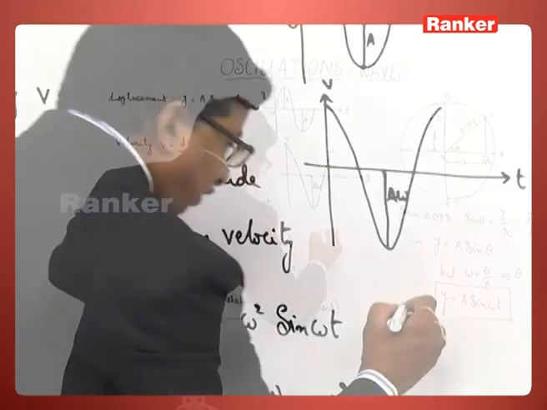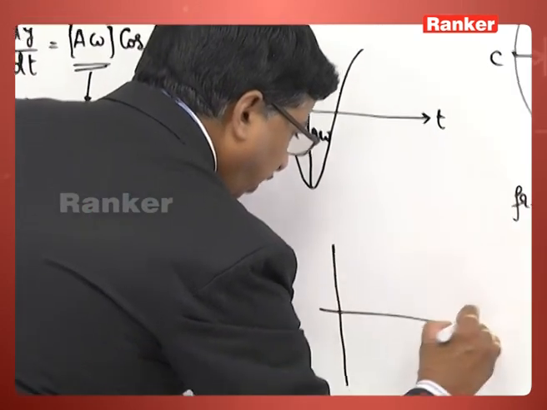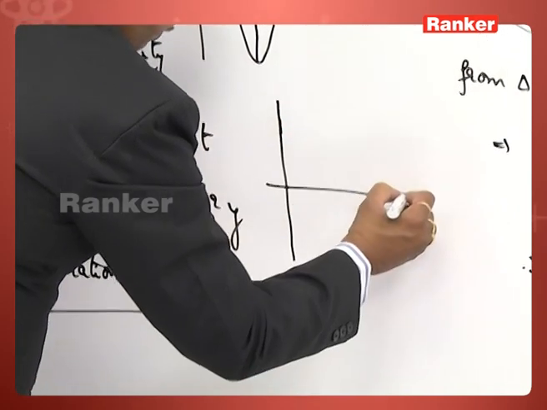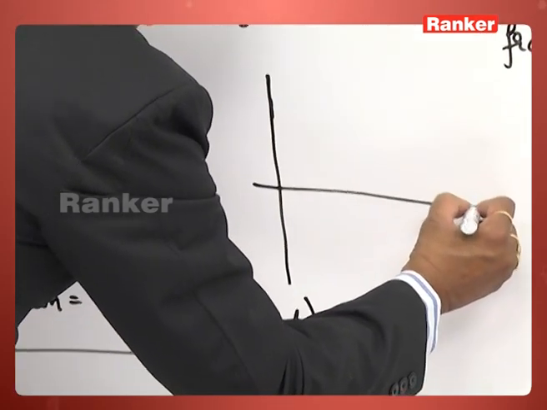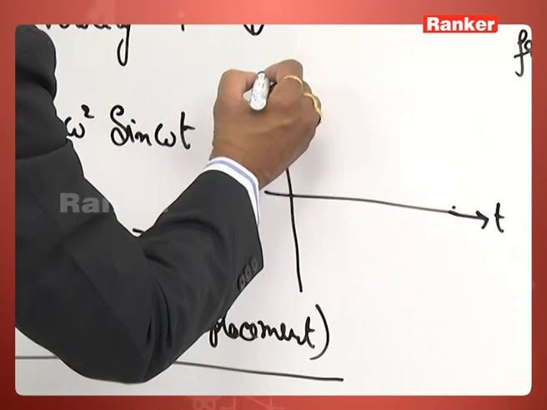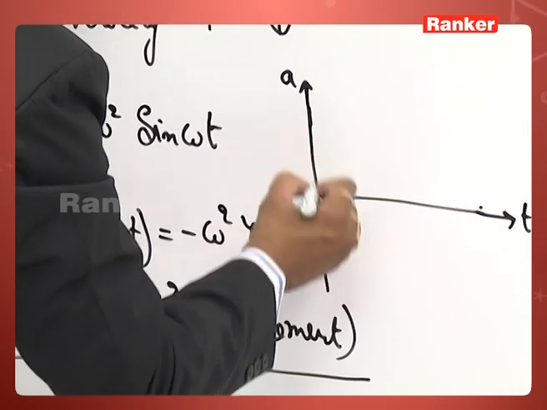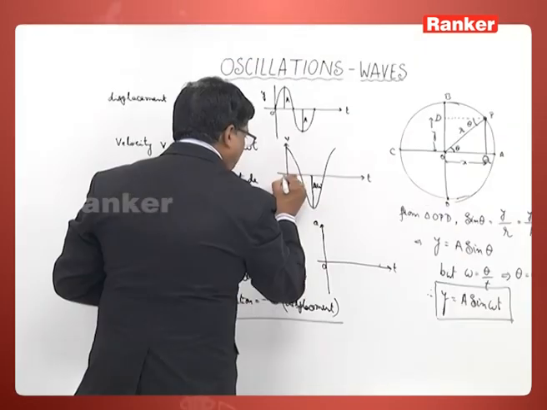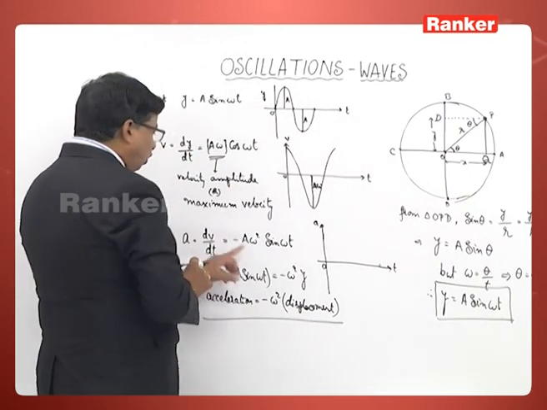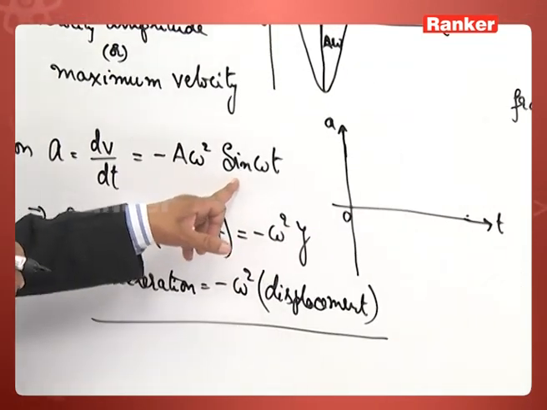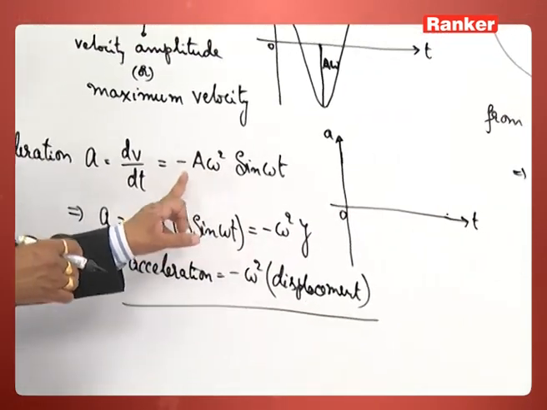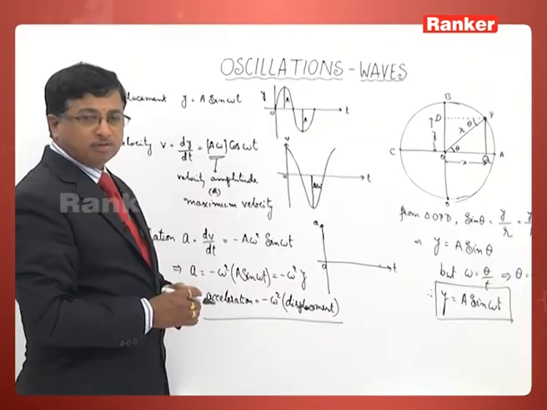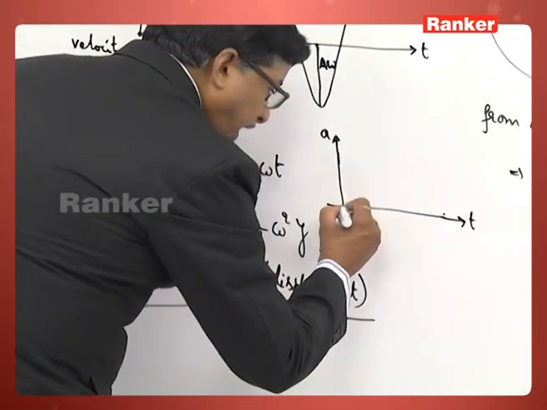Exactly on the same lines, we plot a graph between acceleration and time this time. This is acceleration I am considering on the y-axis and time I am taking on the x-axis. No doubt it is a sine functional equation, but it is a negative sine functional equation. Therefore, you will get the graph like this.